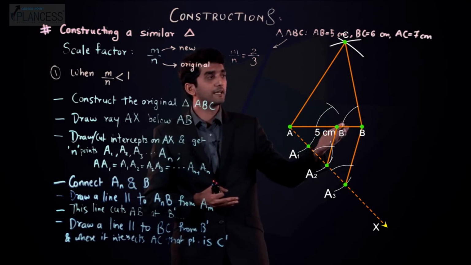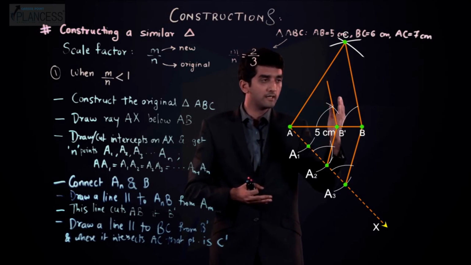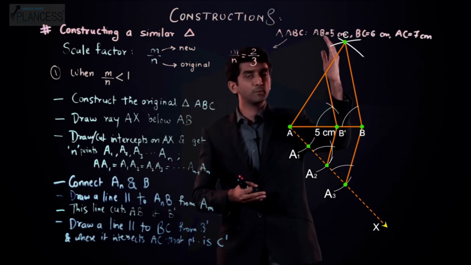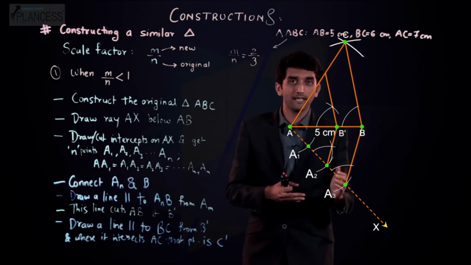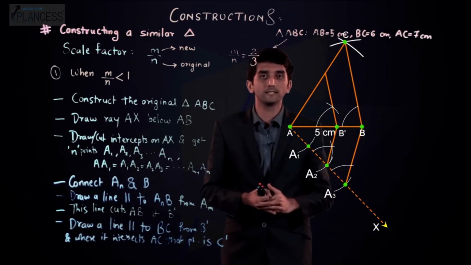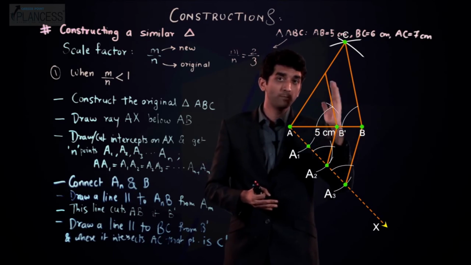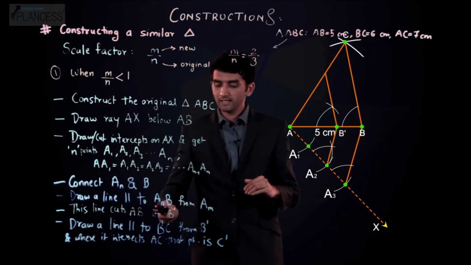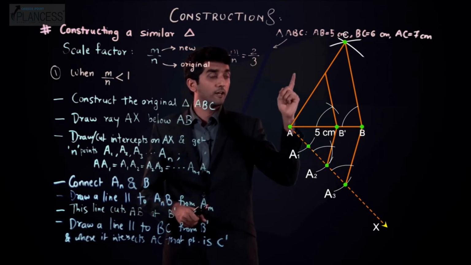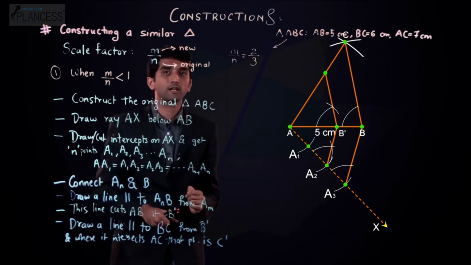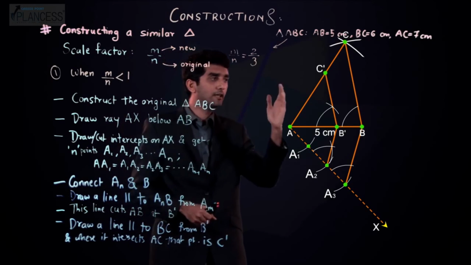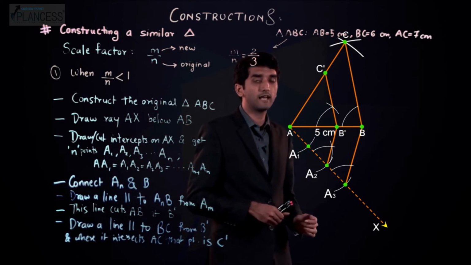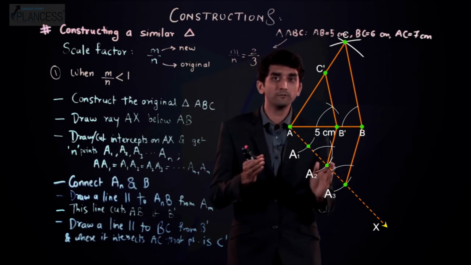Once we cut, we get a particular point. Connect that point to B dash, extrapolate it, and this is the line which is parallel to BC. So this line which is parallel to BC now cuts AC somewhere, and wherever it cuts, that point becomes C dash. So we have A, we have B dash, and we have C dash.